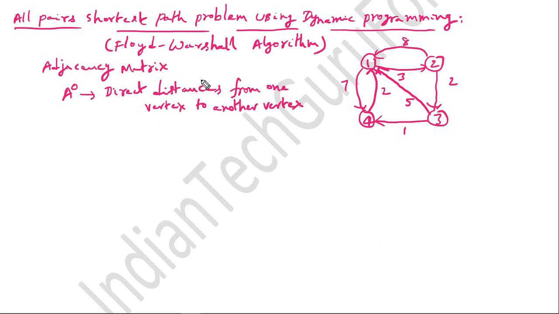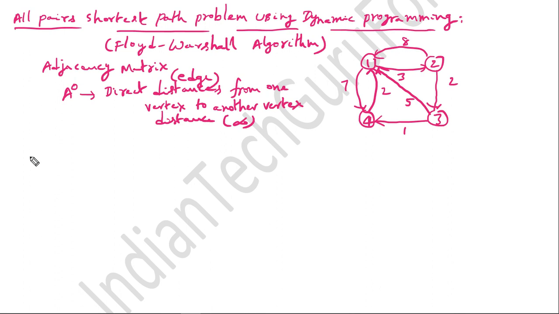That is, there must be a direct edge between one vertex and another vertex. Whatever the weight given in the graph will be the distance. If there is no direct edge, then we consider the distance as infinity.